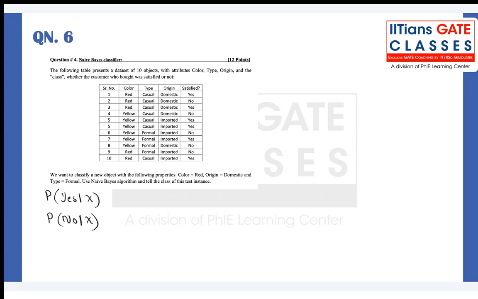P of yes given x is nothing but P of x given yes multiplied by P of yes, and this is proportional to P of x given no multiplied by P of no.